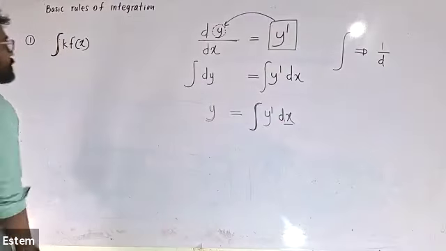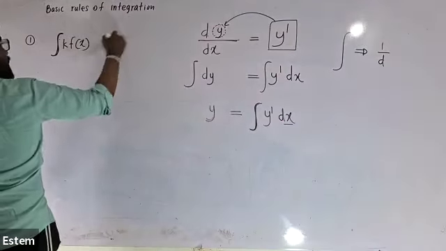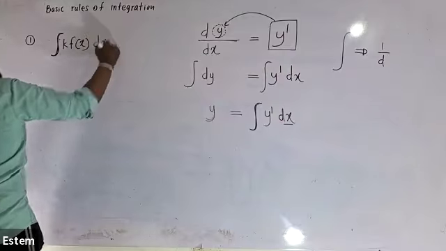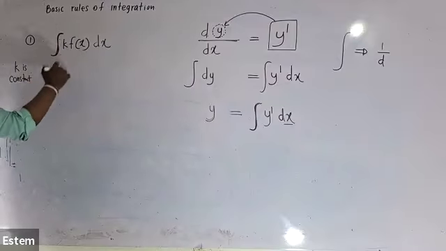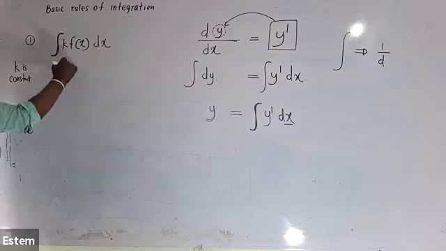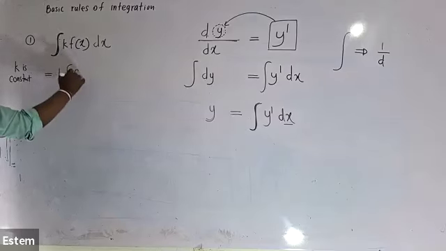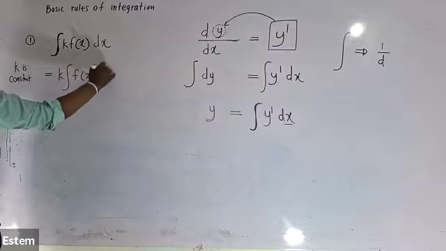So there is always dx here. Think k is a constant here. If k is constant, you can take k out of this integration symbol.